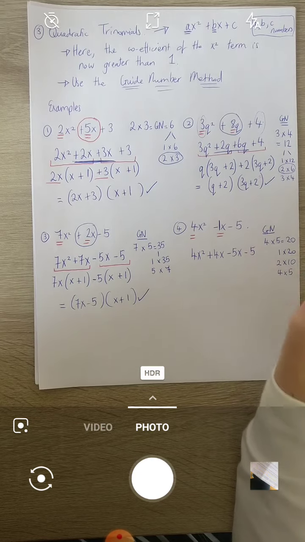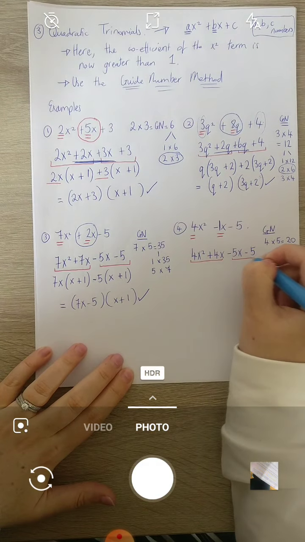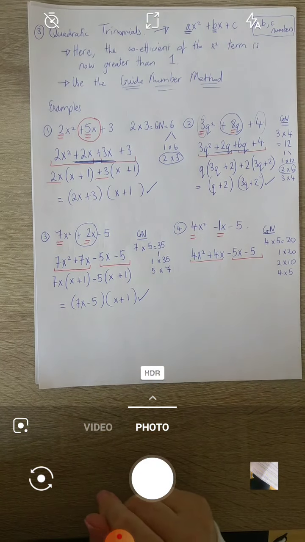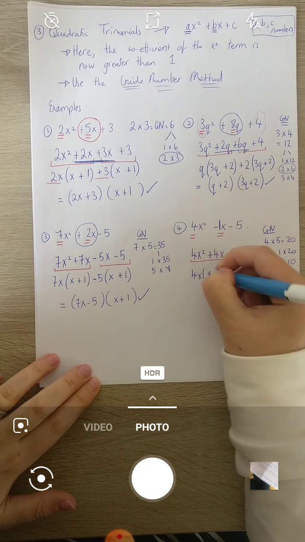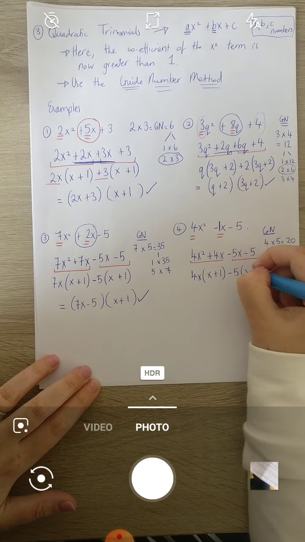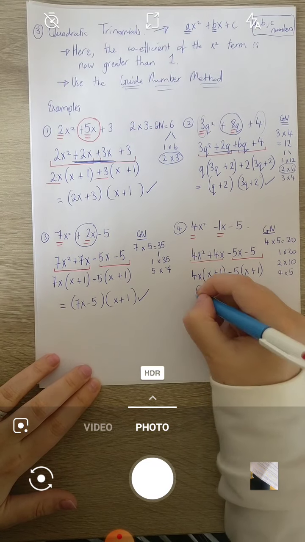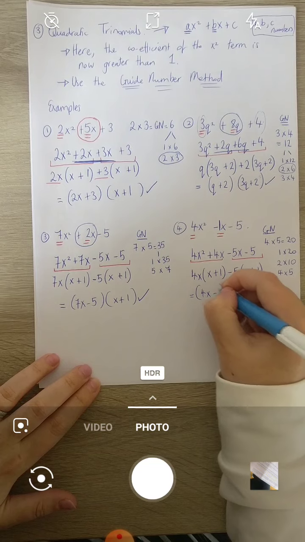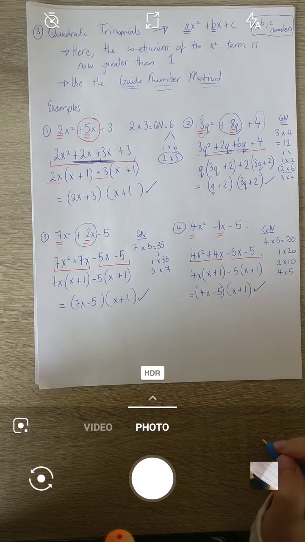And the minus 5 is from the question. Okay, we have our factorised by grouping. So we're taking out here our 4x and we're left with x plus 1. We're taking out minus 5 times x plus 1. So our final answer is 4x minus 5 times x plus 1.